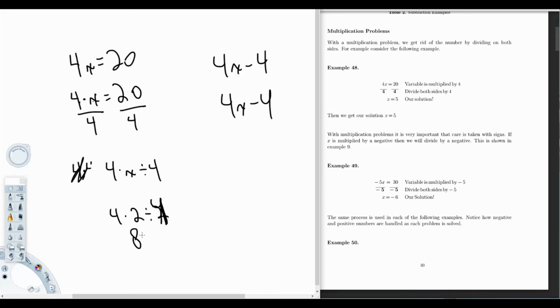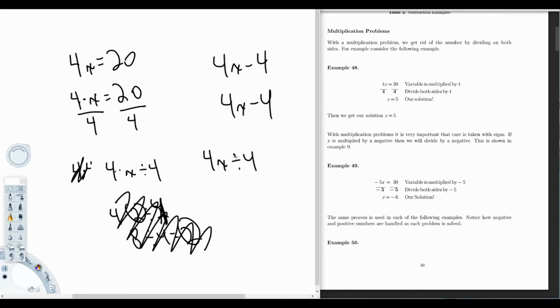So 4 times 2 is 8 divided by 4 equals 2, right? It's the same thing. We can do that. 4 times x divided by 4: in the order of operations, we do the multiplication and division as we see it. So 4 times x equals 4x, and then you divide it by 4.